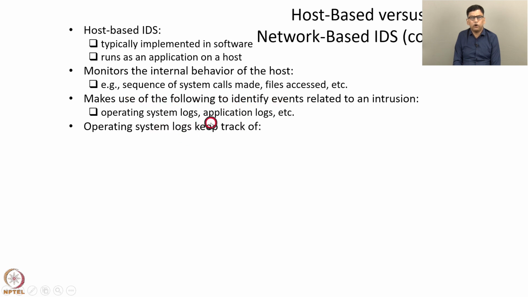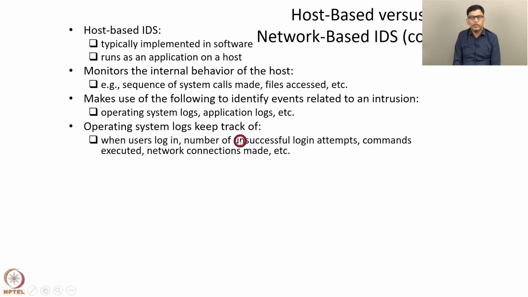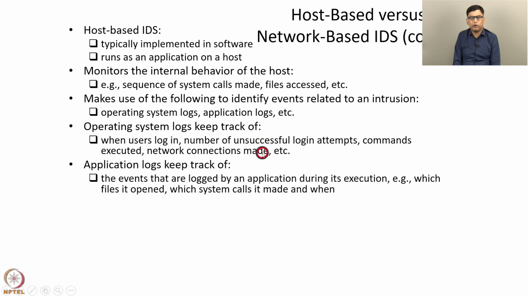The operating system logs keep track of when users log in, the number of unsuccessful login attempts, commands executed, network connections made, and so on. And application logs keep track of the events that are logged by an application during its execution, for example, which files it opened, which system calls it made, and when. Such information is analyzed by a host-based IDS.